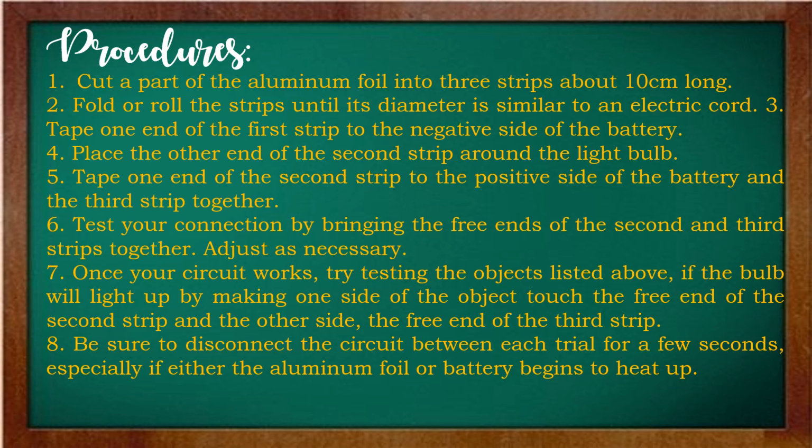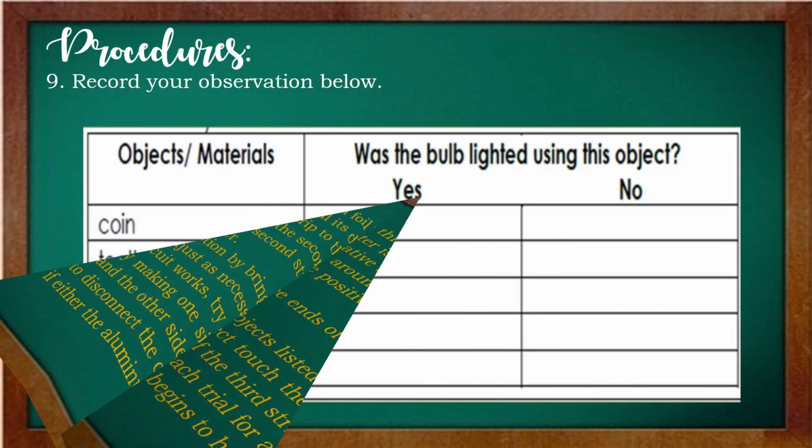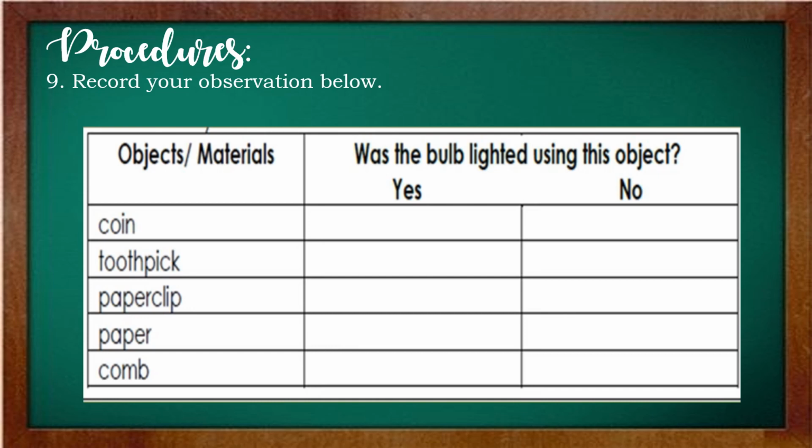Number 8, be sure to disconnect the circuit between each trial for a few seconds, especially if either the aluminum foil or battery begins to heat up. Number 9, record your observation below.